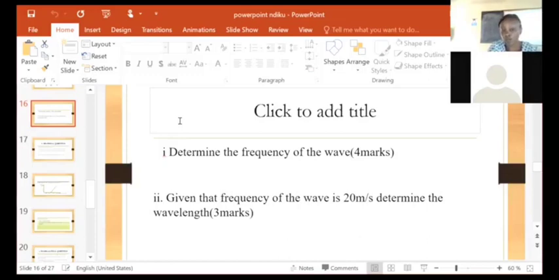A mark for the formula, a mark for the substitution, the wrong answer, and then a mark for the final answer. That's what we call error transfer. Especially in questions on transformers, where there are several subsections, it is beneficial to the candidate.